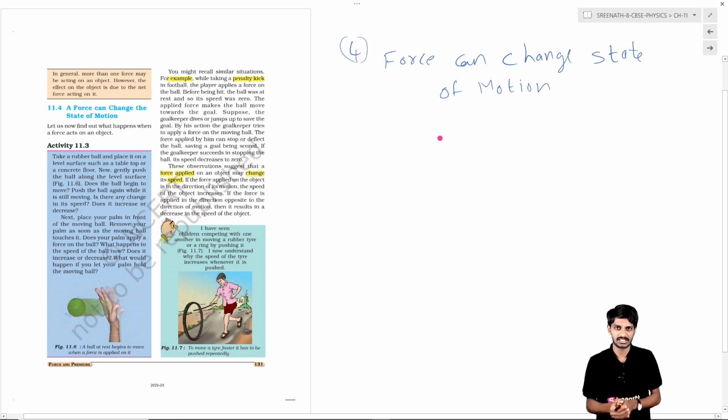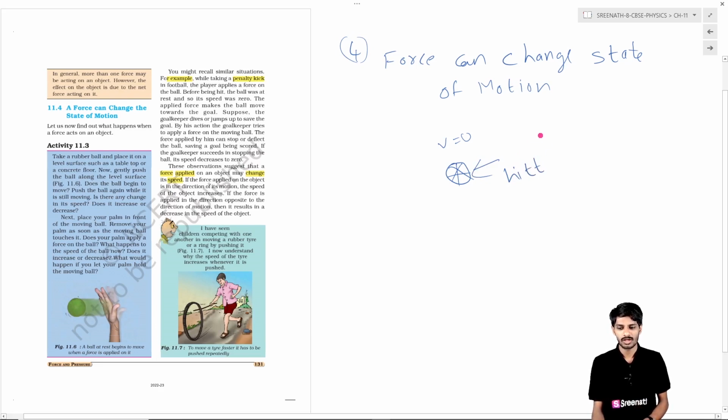Suppose in cricket, or suppose in football. Okay, this is the football. This is at rest. Its velocity is 0. What happened next? One player comes and kicks this ball.